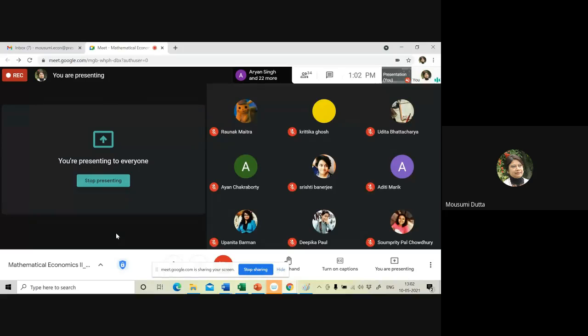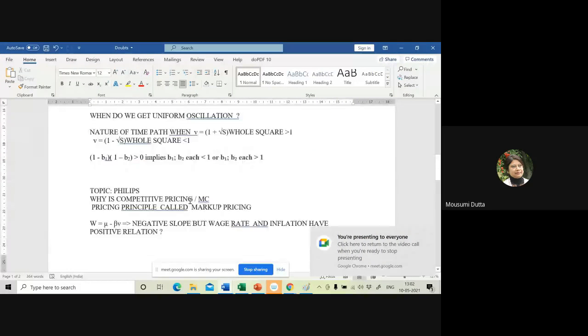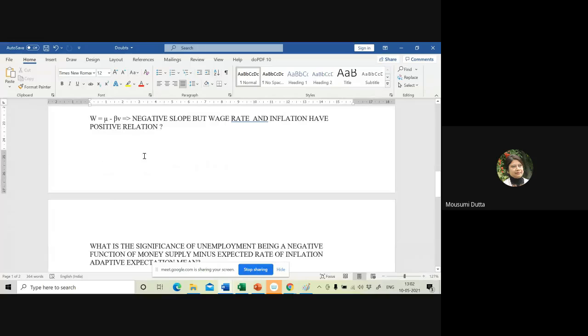Any other question from Hicks Samuelson? Okay, so in that case, let's look at the Phillips curve. Okay, markup pricing. Negative slope, but where did it?